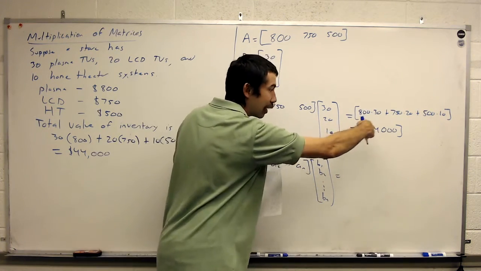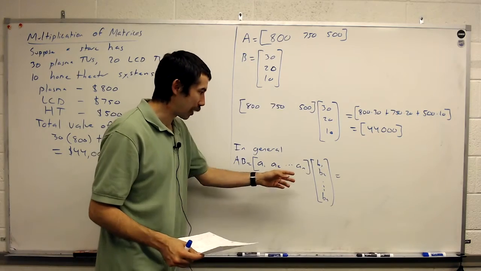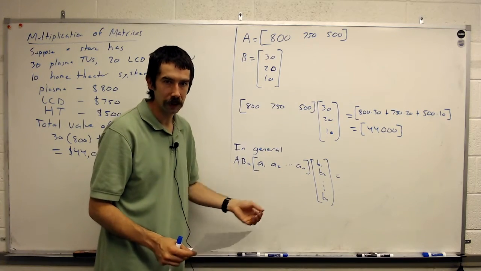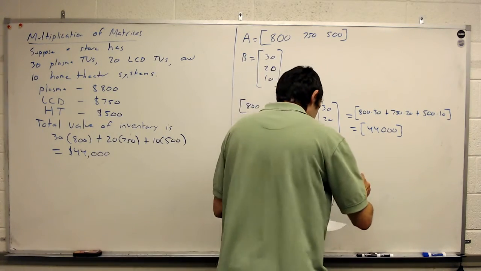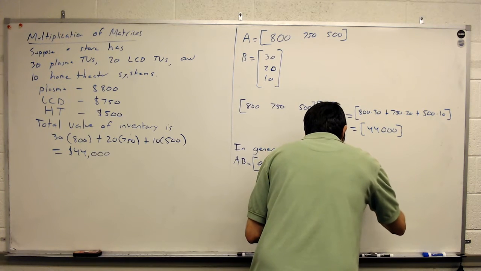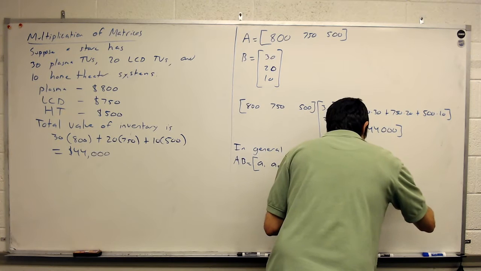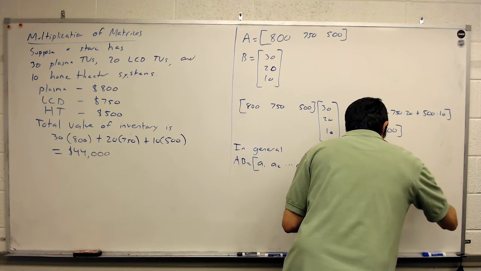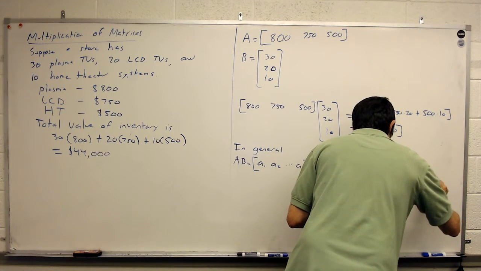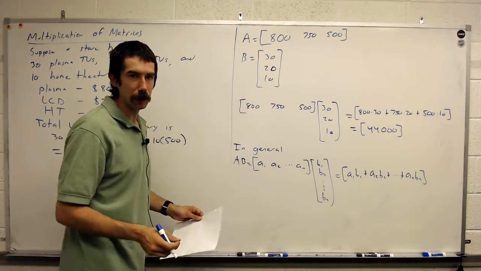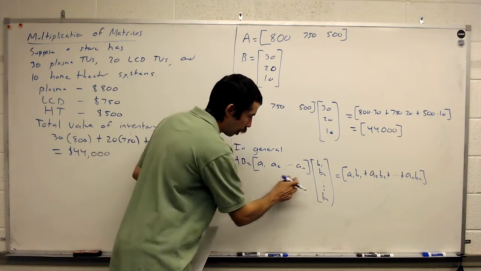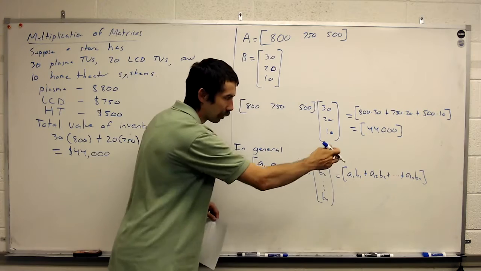Kind of like what we just did here. But instead of stopping at 3, we could stop wherever we want. And this is kind of how matrix multiplication is going to work. We're going to go across a row and then down a column.